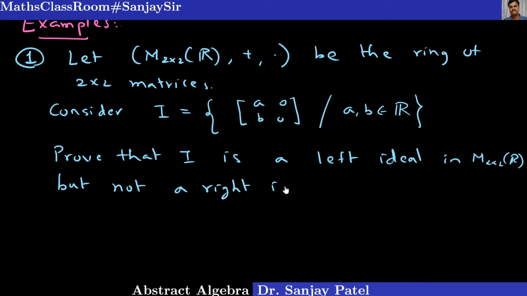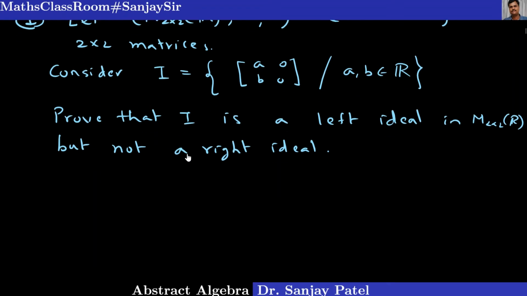So if someone asks you for an example of a set which is a left ideal but not a right ideal, you can give this example. There can be many also.